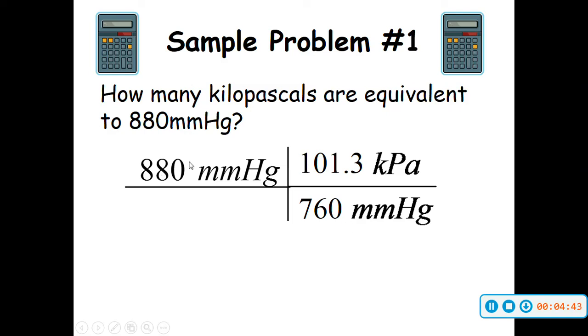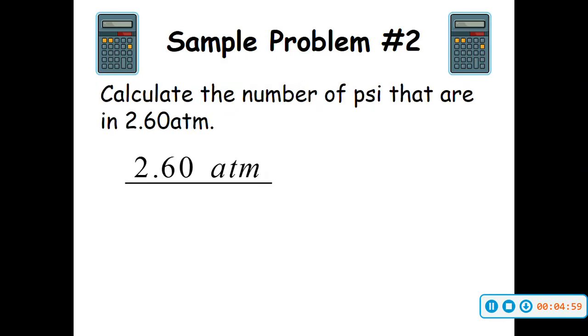So to solve, we multiply 880 millimeters of mercury times 101.3 and then divide by 760. You should get an answer of 120 kPa. If you want to try the second problem on your own, go ahead and pause the video at this time.